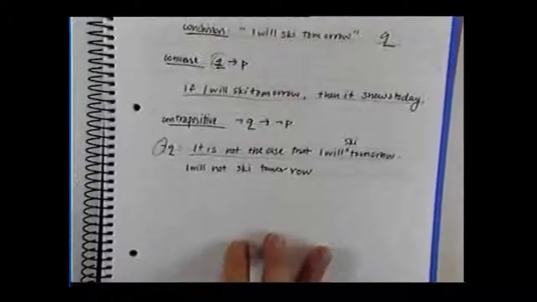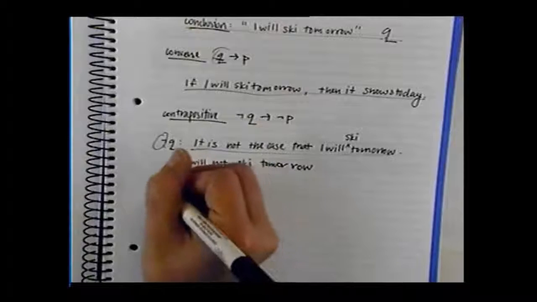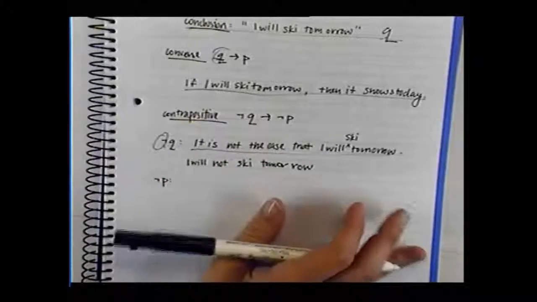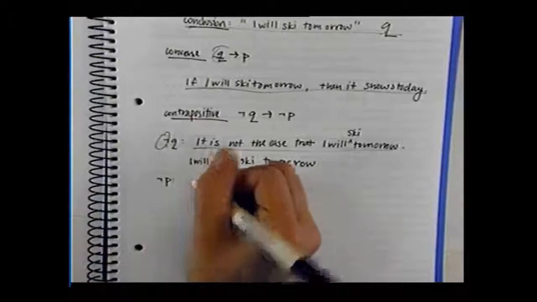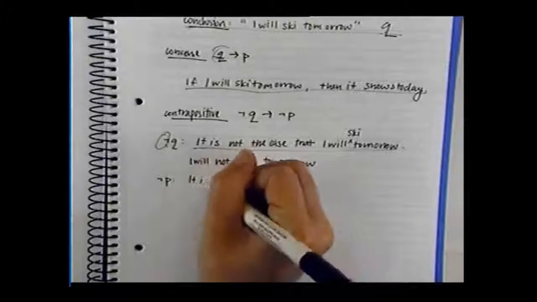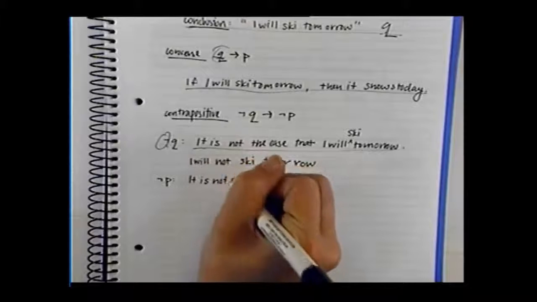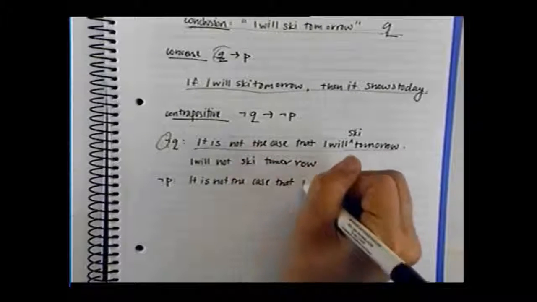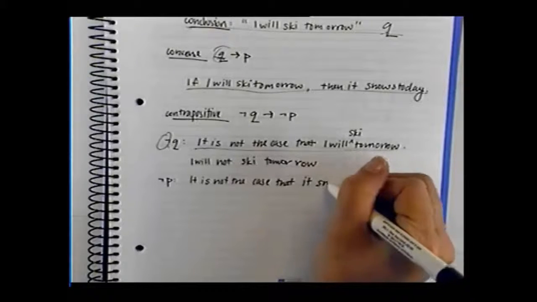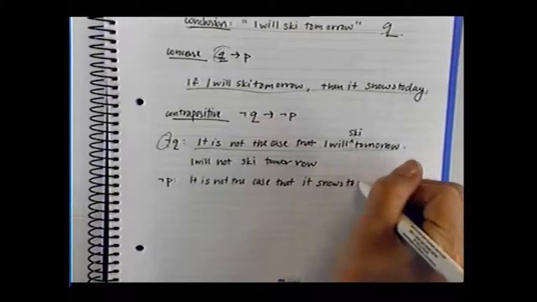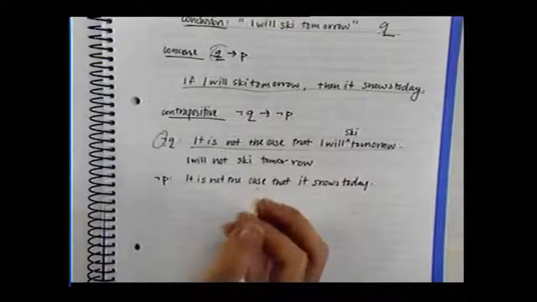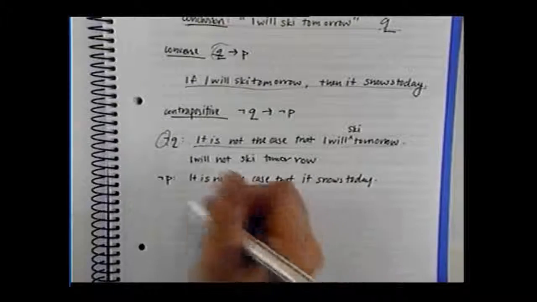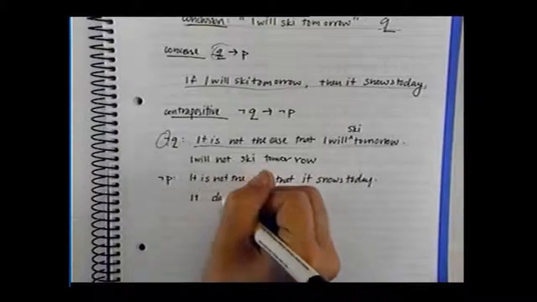Now I need to know not P. So if I'm looking at not P, I know that the negation of P just means it is not the case that it snows today. So hopefully you can see that I can write this a little cleaner and a little more understandable if I just say, it does not snow today.